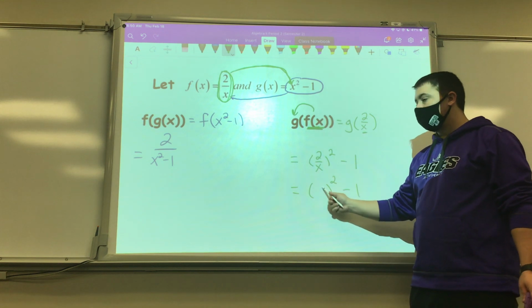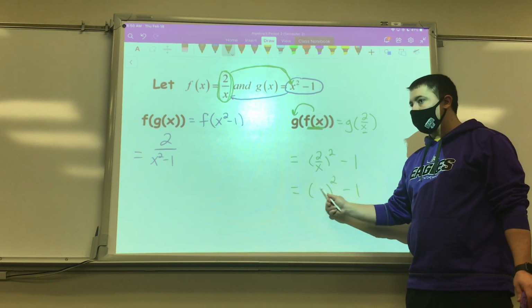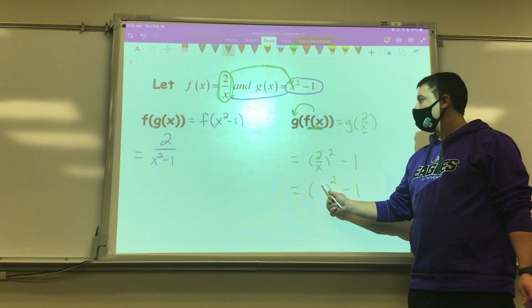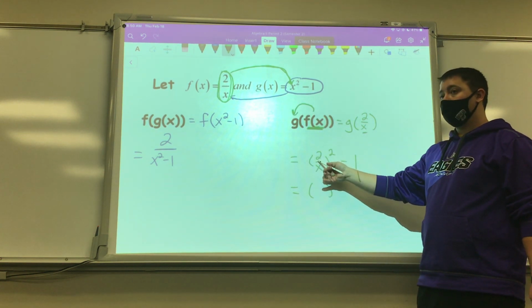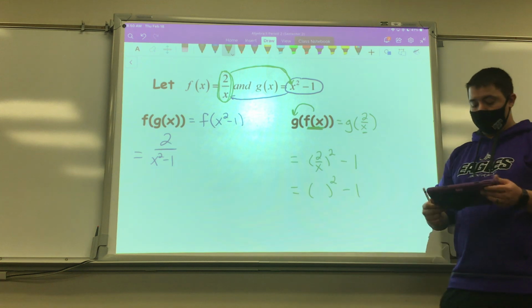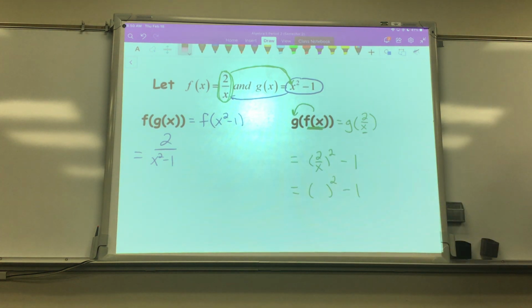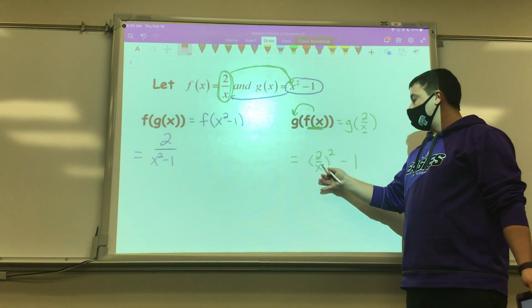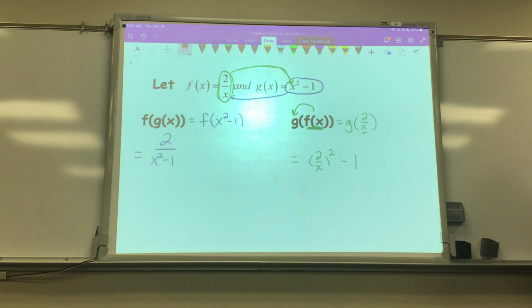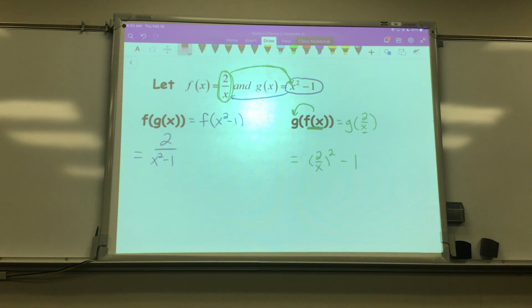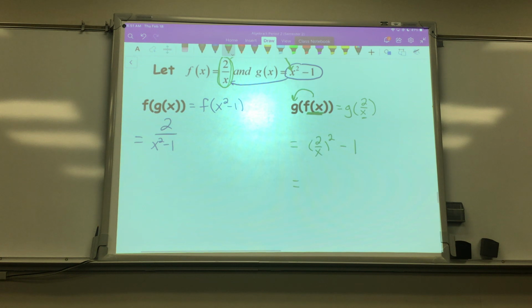This is where x would go, but what am I replacing x with? F of x, which is 2 over x. Then we can simplify that, right? The quotient to a power, we take that exponent to both terms: 2 squared over x squared, minus 1.